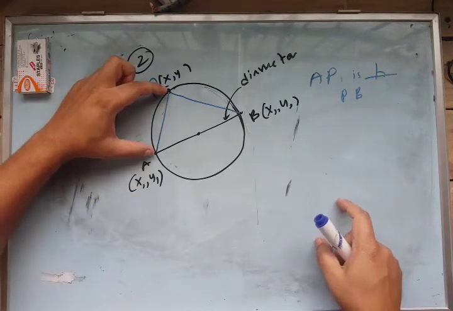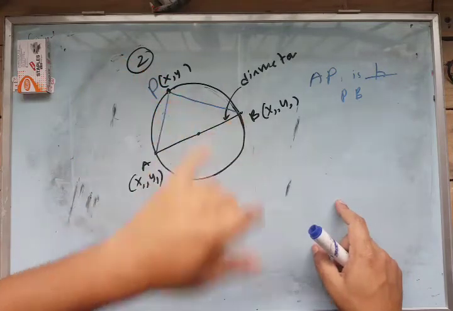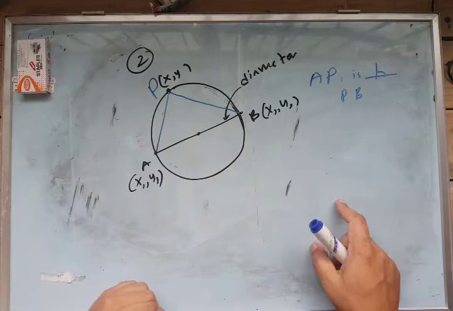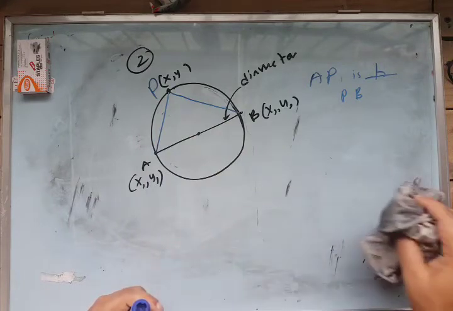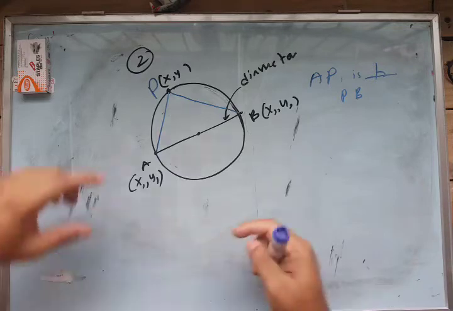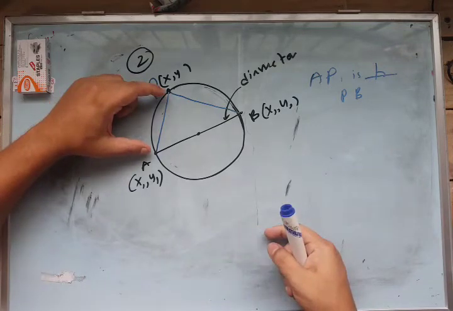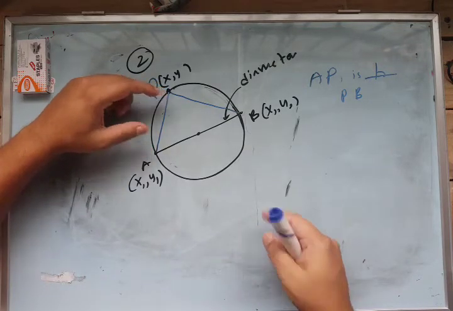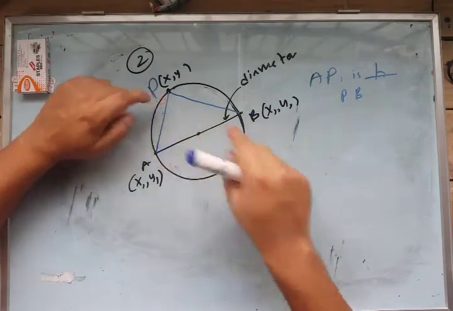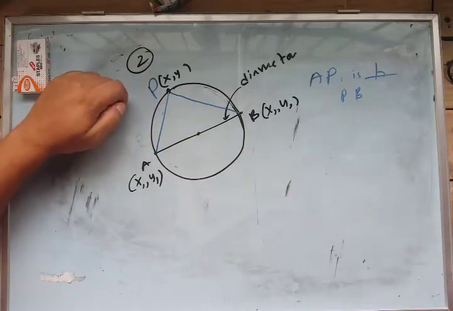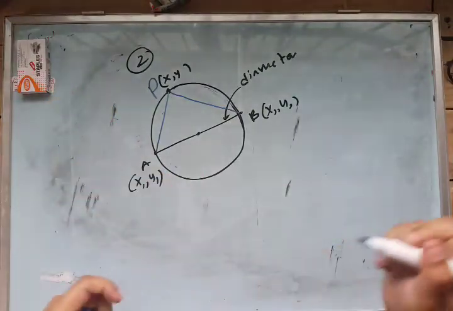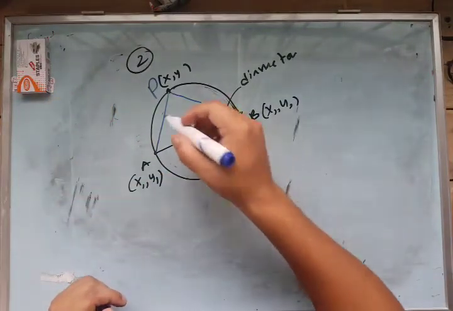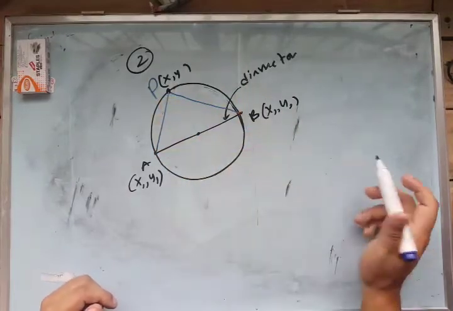Sorry, that was wrong earlier. The line AP is perpendicular to PB. That is the fact we are going to implement in this case. So what is the relation between the gradients if two lines are perpendicular?